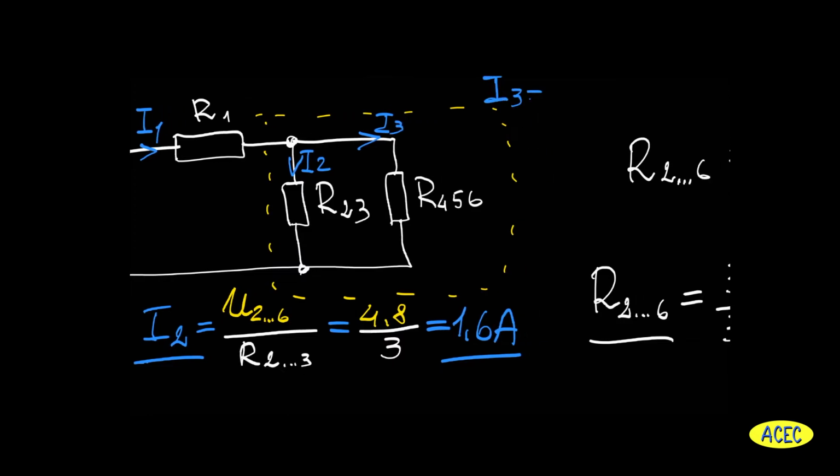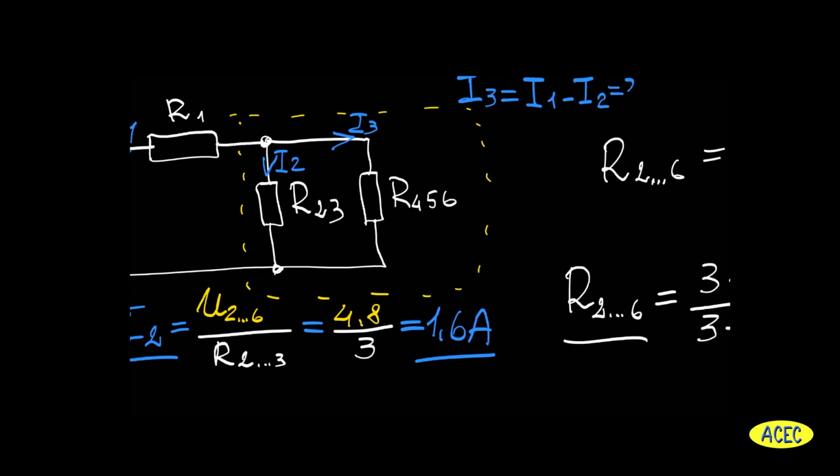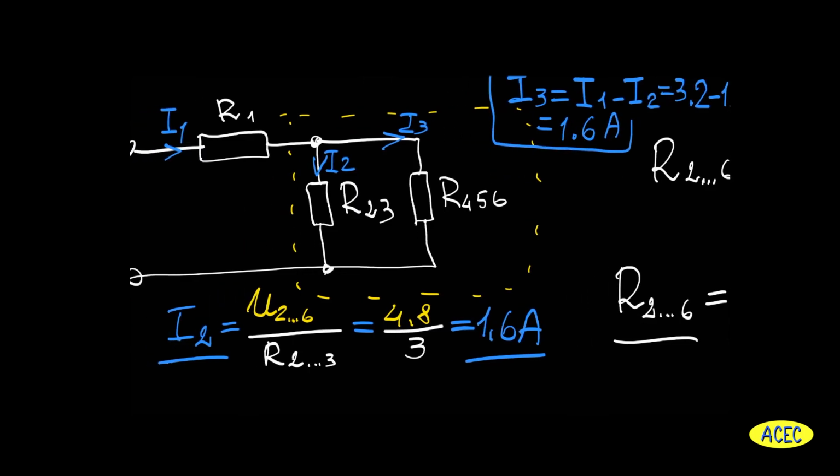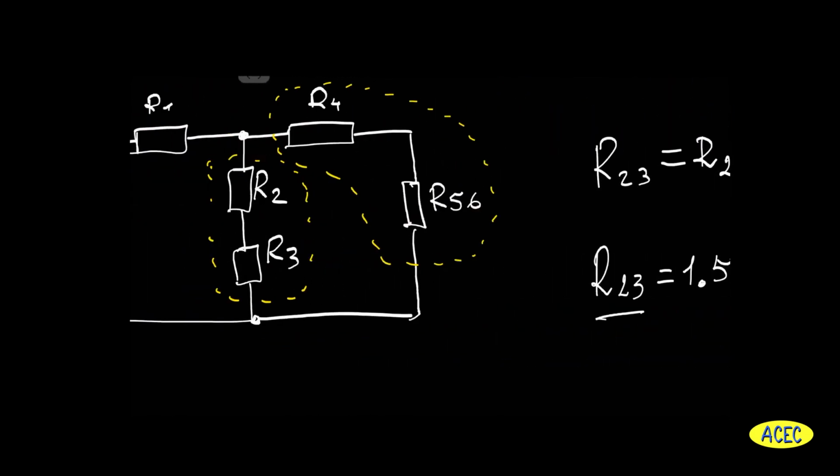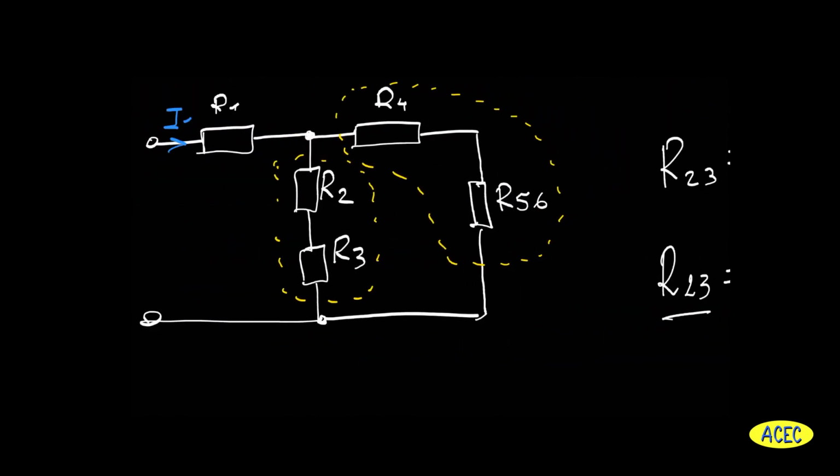Current I3 here is not exactly the current I3 which we need to find in the following step. In this example, we may use Kirchhoff's first law, and I3 is I1 minus I2. Its value will be 1.6 amps. And for now it's just the current which goes through the resistor R456, only that.